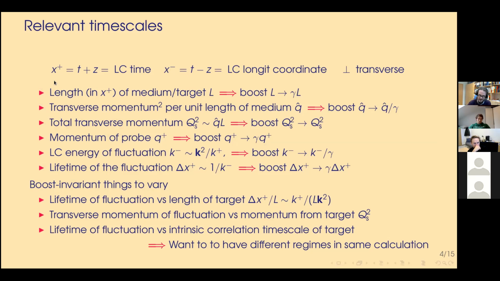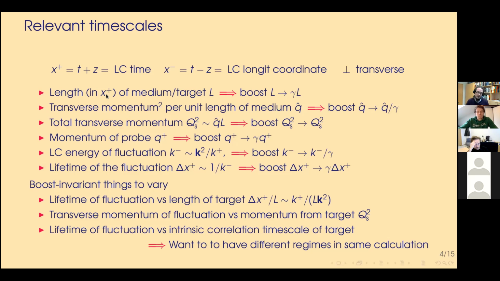So x plus is time, x minus is not space-like, but it is a spatial coordinate. And then there are two directions that are transverse to the z-axis, transverse to the high energy particle we're interested in. So what kind of different length scales does one have in the problem?